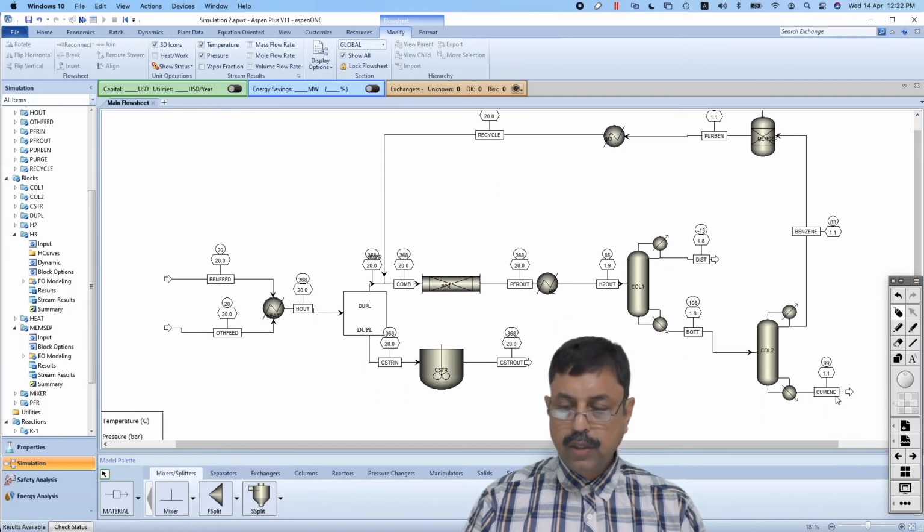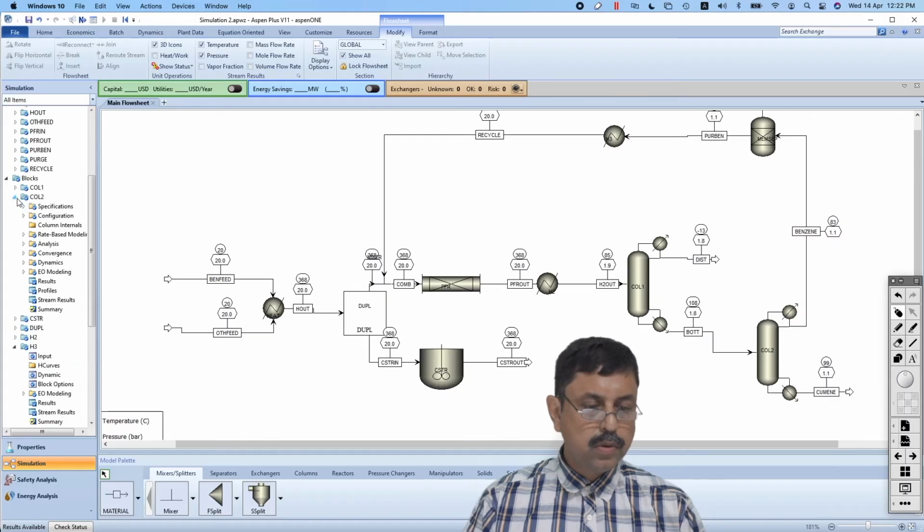Now you check the cumene line once again, cumene and benzene lines. Okay, so go to the column 2, stream results.